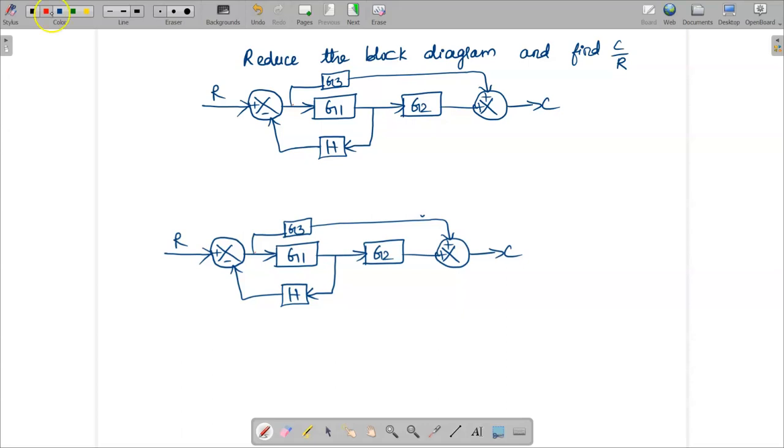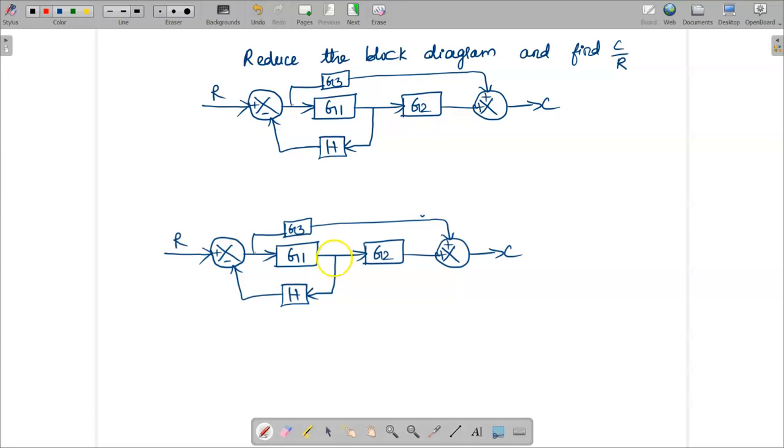So here, when you take this problem, one solution is either I can move this branch ahead of the block G1 or I can move this branch before the block G1. I cannot eliminate this negative feedback loop as it is. So either I can move this branch ahead or this branch before, such that I can simplify the block diagram and proceed further and determine the term C by R.